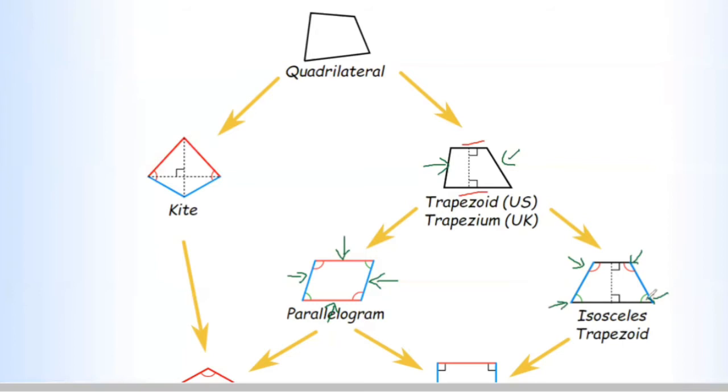The angles marked in green are equal and the angles marked in red are equal. So in addition to the condition of a trapezoid, one more condition with regard to the angles is applied, and we get an isosceles trapezium.